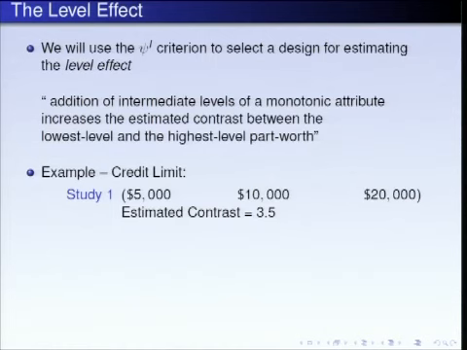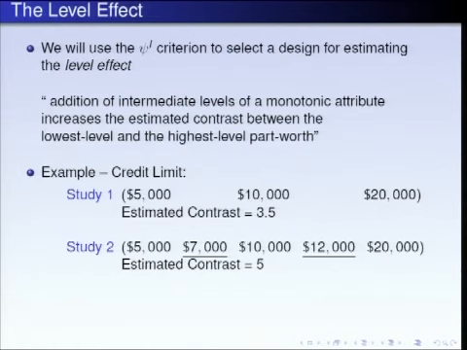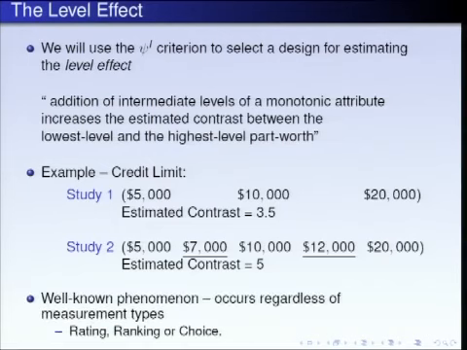Now let's put in some intermediate levels. Same three here, but push in here 2 extra levels. Amazingly, the estimate will increase. It may not increase by this amount, but it will increase. And that is called the level effect. And it's a very well-known phenomenon, both in psychology and marketing, and it's been seen to occur no matter what kind of measurement type you are using.